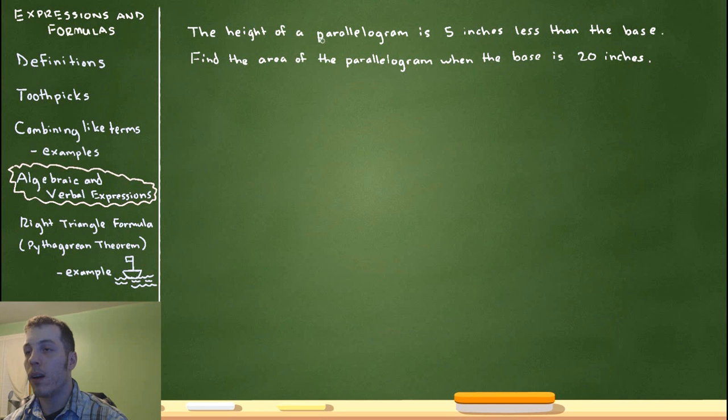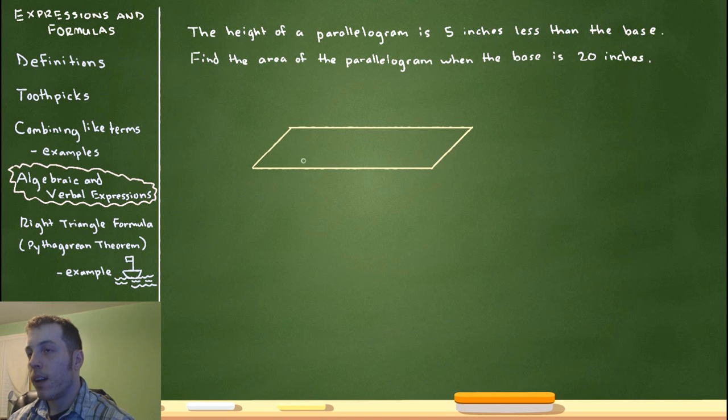So we're talking about parallelograms first of all. Let's go ahead and translate that into a nice parallelogram here. Okay, something like that will do. All right, there's my parallelogram. Now, we see that we have the height of the parallelogram, and you need to recognize where the height is.